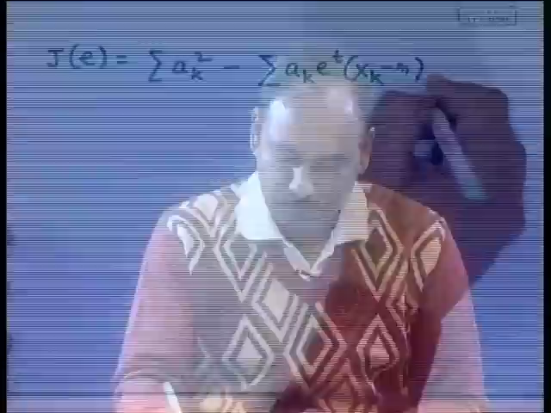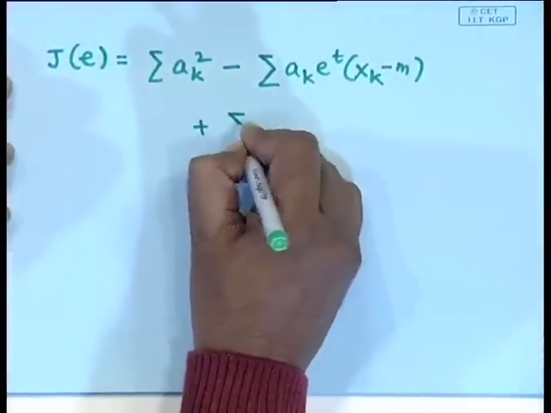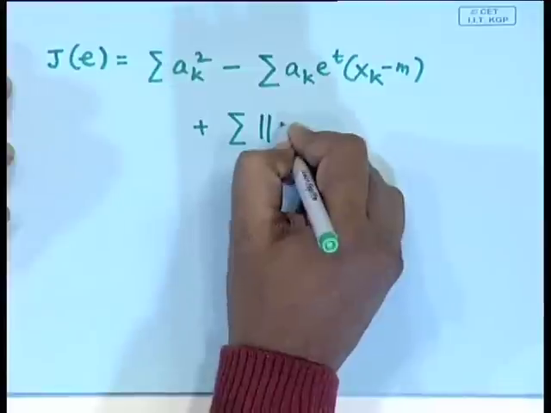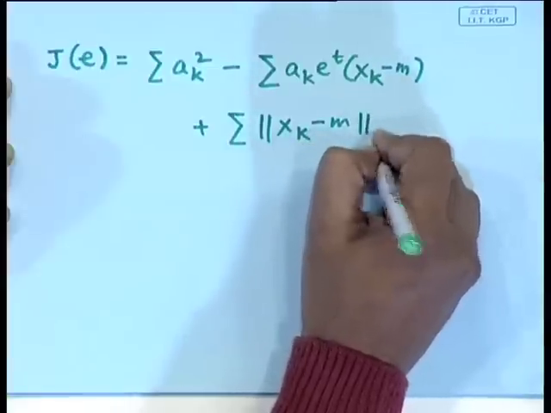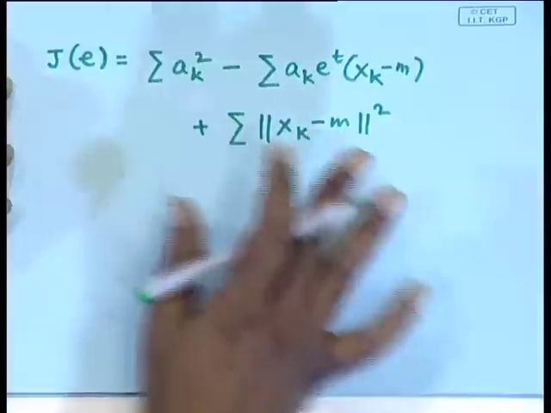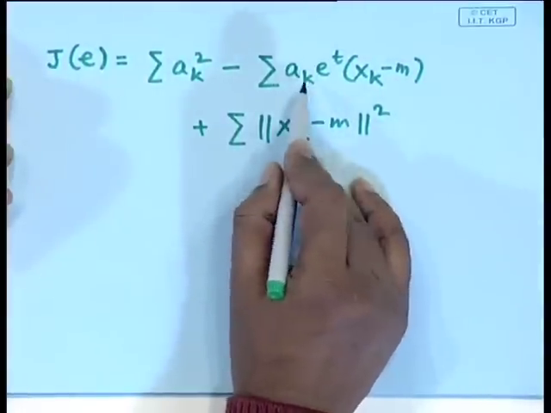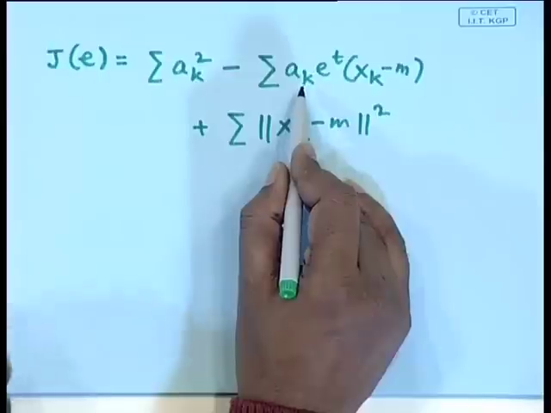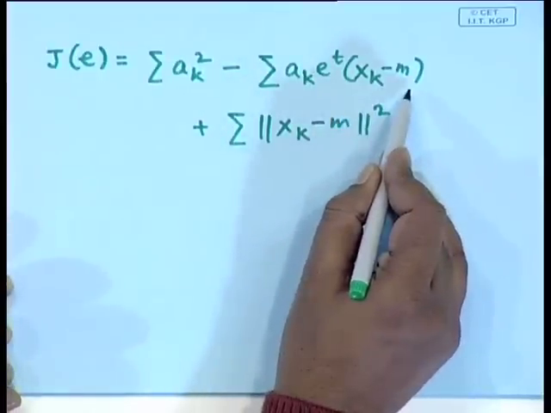k minus m, right, plus sum of x k minus m square. I am not writing the limit of summation. Now, this A k we have found that it is same as E transpose x k minus m.